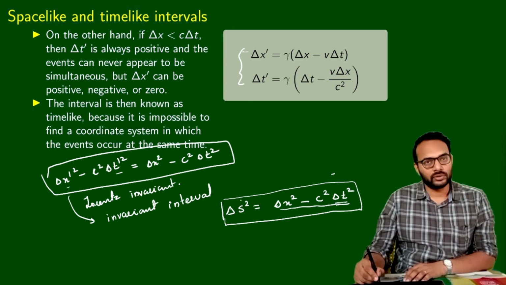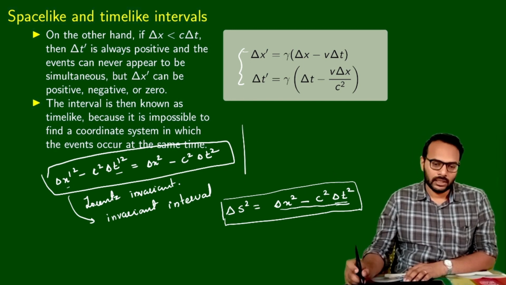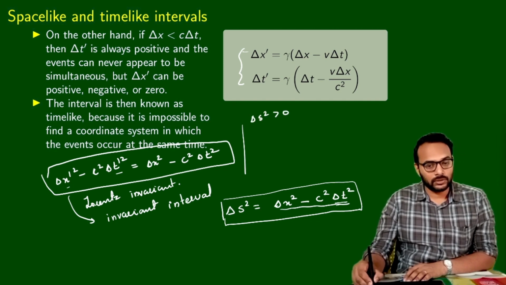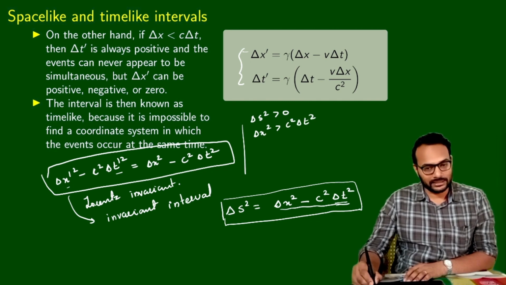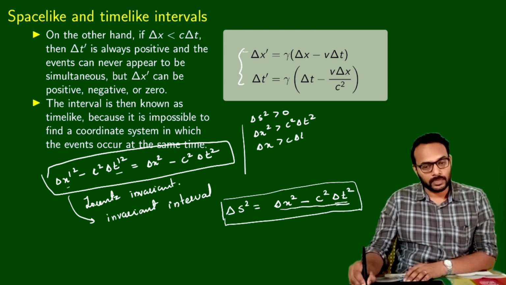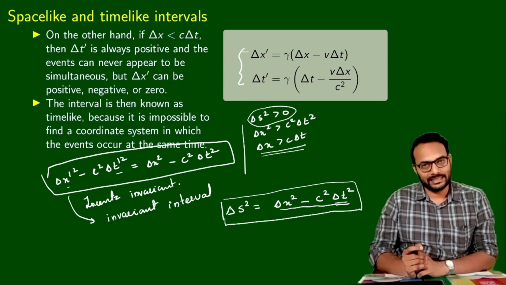If delta s square is greater than 0, this means that delta x square has to be greater than c square delta t square, or delta x is greater than c delta t.